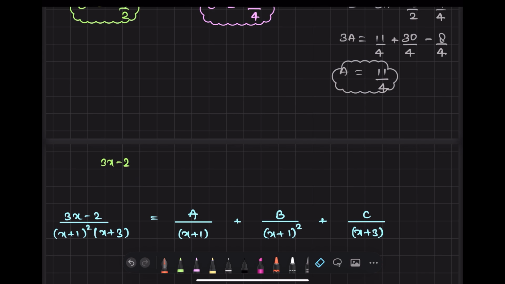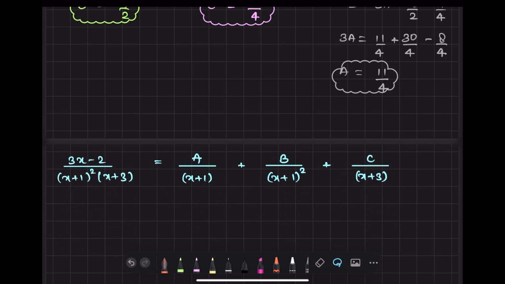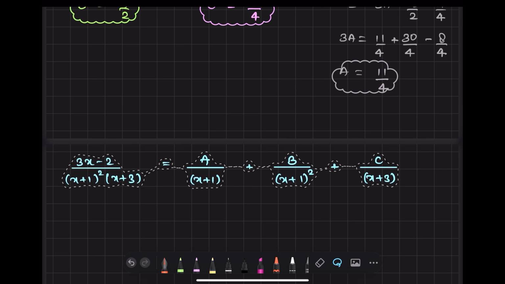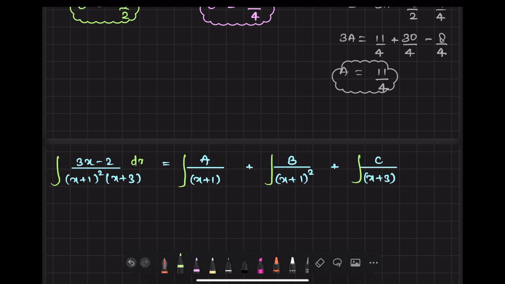Wait a moment. Okay, so you know that I can write this thing this way, but we have to find the integration of this thing. So can I take integration both sides? Okay, so you know that if it is integration, in addition you can segregate. So I'll segregate and then put dx everywhere. So we will integrate with respect to x.